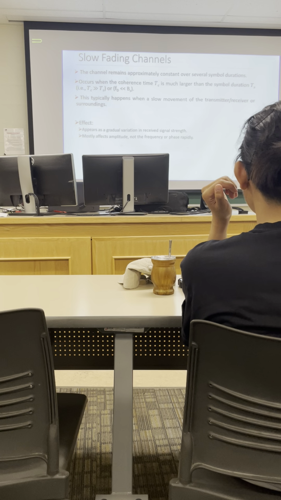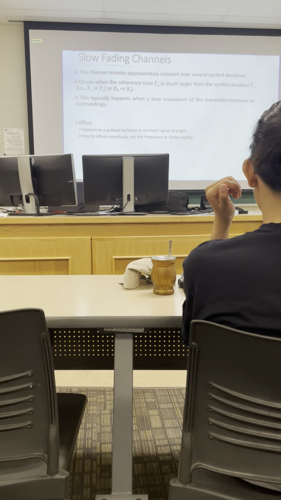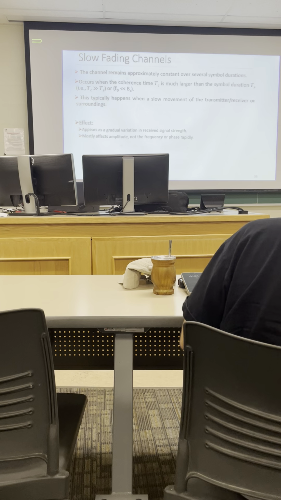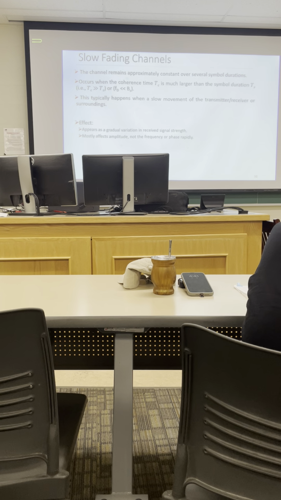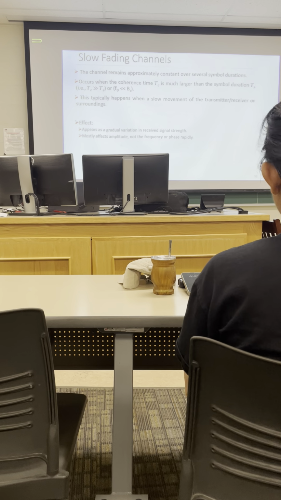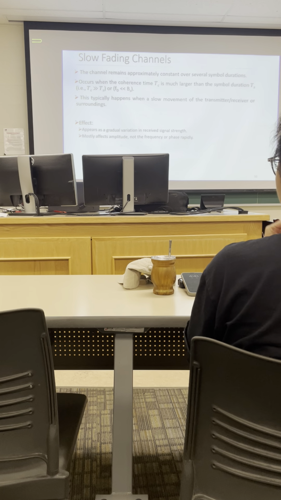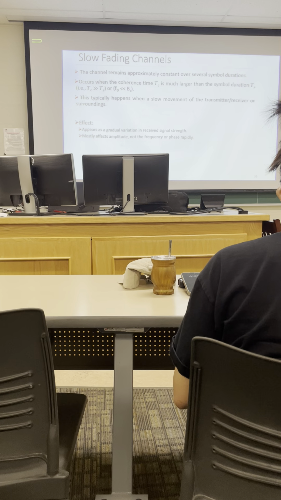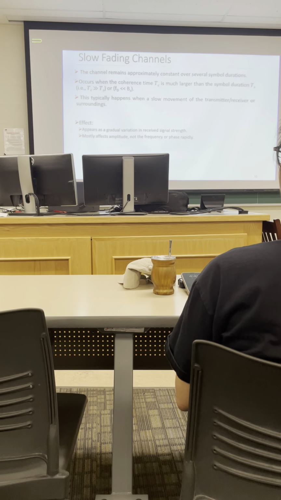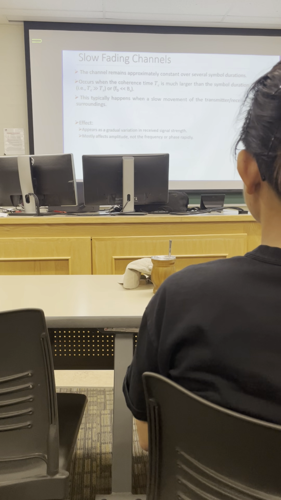For example, if you visited St. John's today and looked at the stores and everything, and you visited it after 10 years, it looks the same. Another 10 years more, it looks the same. So you would think that the variation of St. John's is slow, because it's almost the same over the duration of time or symbol duration.